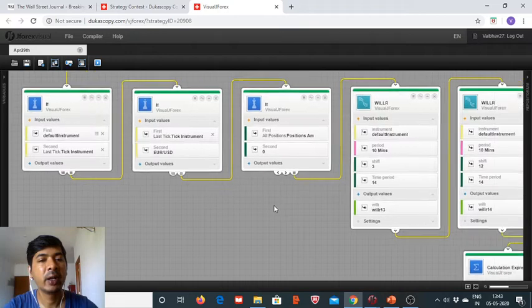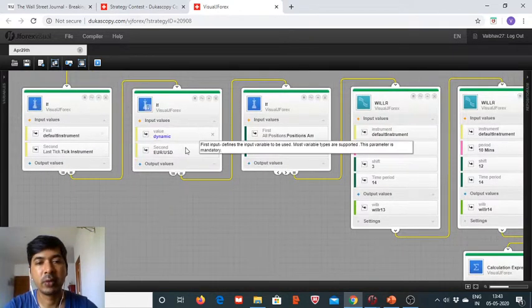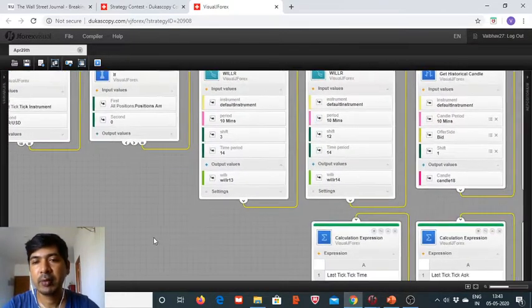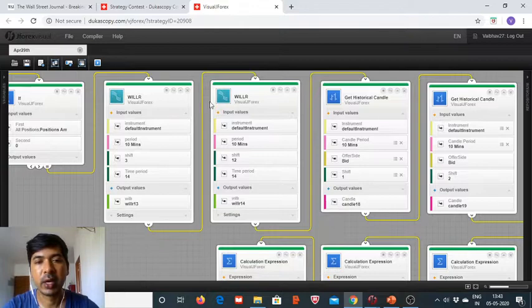Now here we had done this standard instrument subscription. We are utilizing the Euro USD as a default instrument. The position amount has been defined at 0, and then we got these Williams percentage R indicators. Here you can see they are defined at 10 minutes, shift 3, shift 12, Williams R13, Williams R14.